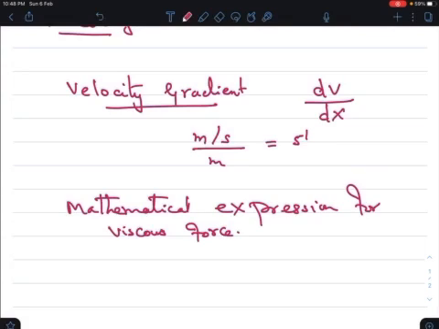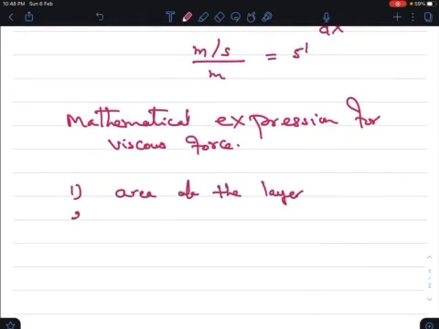According to Newton, the viscous force on a certain layer of liquid is directly proportional to 1. the area of the layer, and 2. the velocity gradient at the layer.